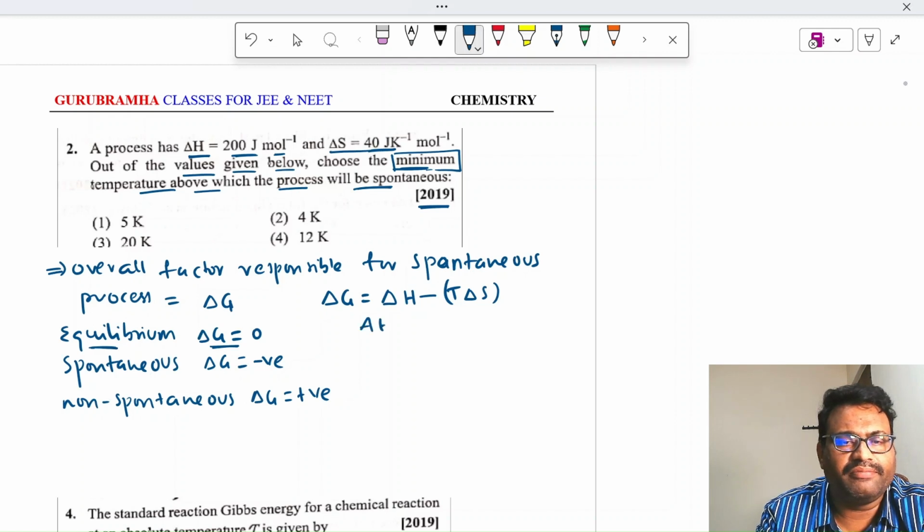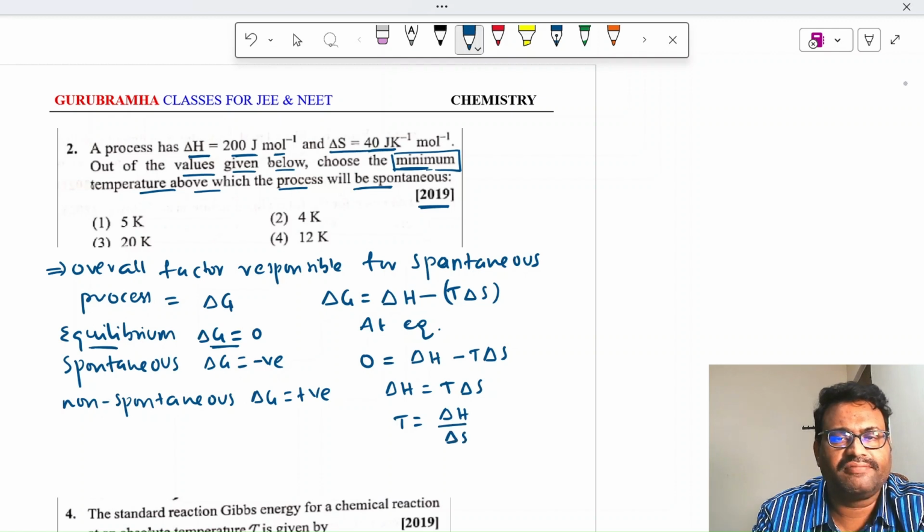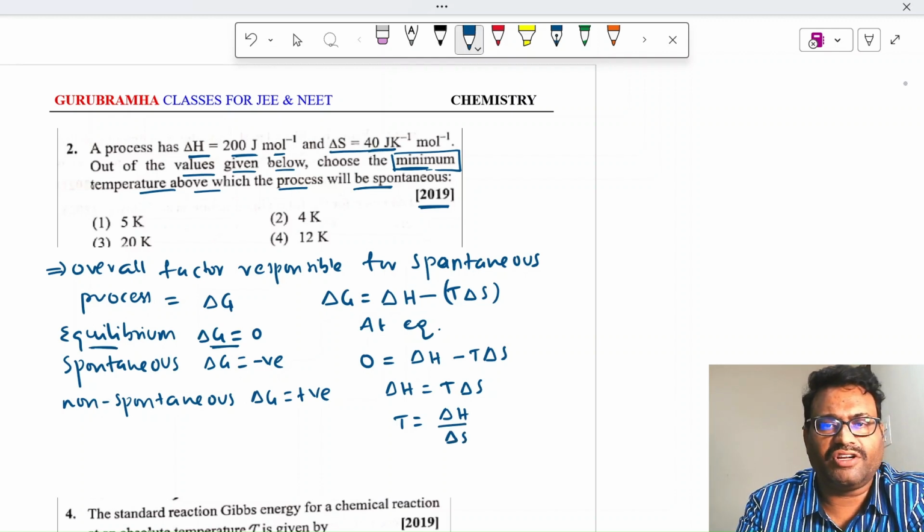At equilibrium, because delta G is 0, 0 is equal to delta H minus T delta S. Now we can write delta H is equal to T delta S, so T is equal to delta H by delta S. Right? Let us solve here.